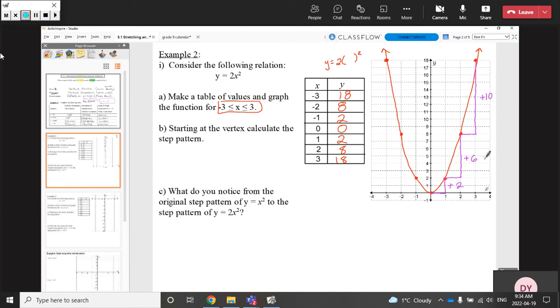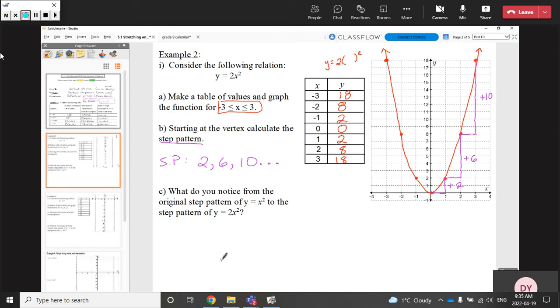So our step pattern, I'm going to call that SP, is 2, 6, 10, and so on. You might remember step pattern from Unit 3, or maybe not, because it was a little while ago. But usually, the step pattern on a basic quadratic would be 1, 3, 5, 7, 9. Remember, it's all the odd numbers.